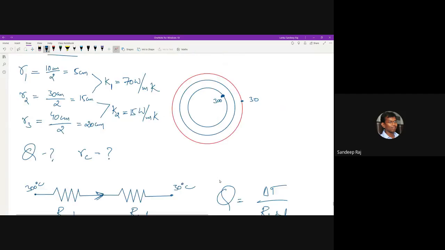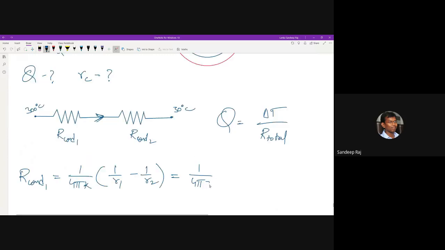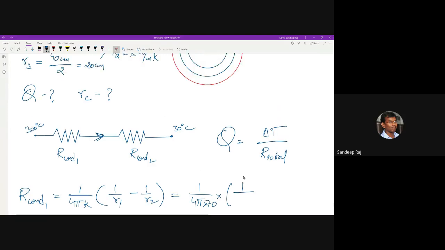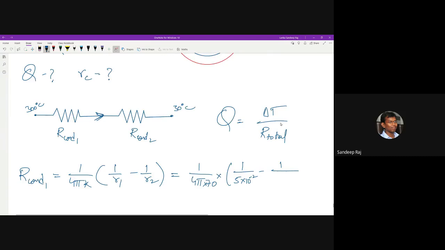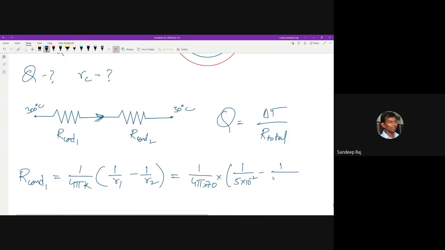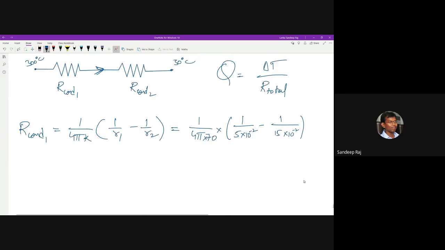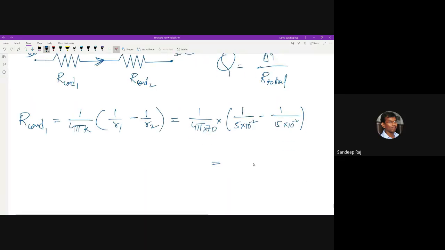The K value for the first one is given as 70, into 1 by R1 value, which is given as 5 centimeters. So you put 5 into 10 to the power of minus 2 here. And then the R2 value is given as 15 centimeters, so you put 15 into 10 to the power of minus 2. You'll get the R conduction 1 value here in Kelvin per watt.